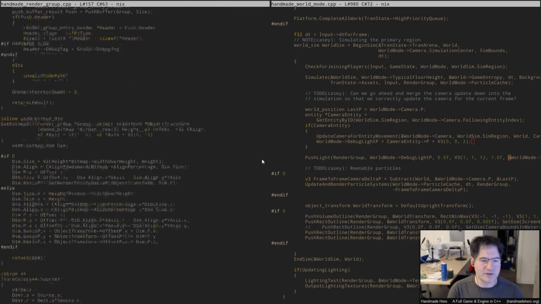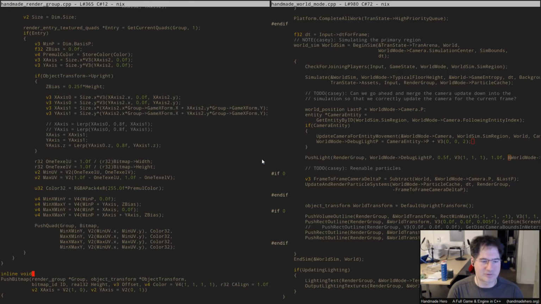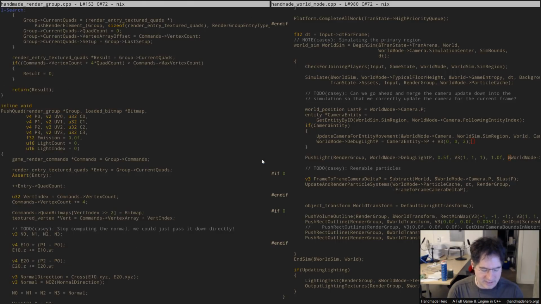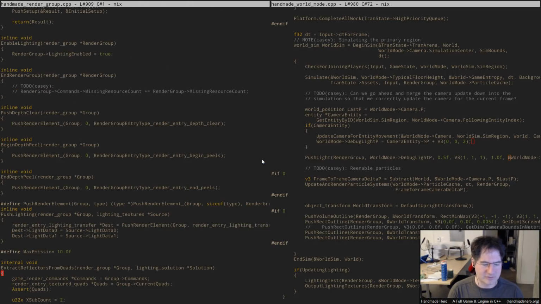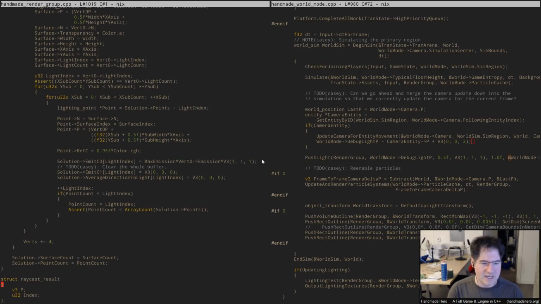So what we would do here is remember that the reason our lighting resets every frame is because we are manually clearing it, right? We do an extract reflectors from quads call, and that call is doing this emit clear here, right? So we have our points.